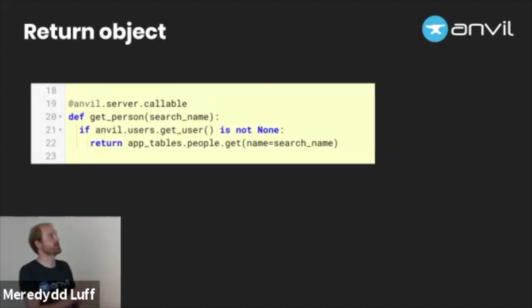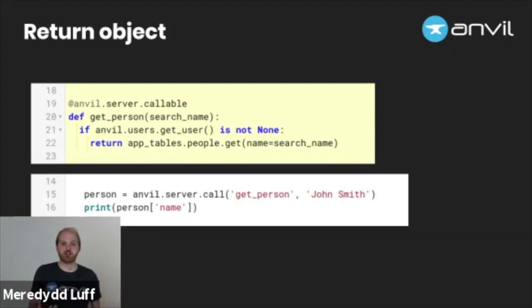So it's a server function. It takes a search name parameter, and then it checks whether a user is logged in using Anvil's built-in user authentication system, which, I told you there was a lot I was not going to get to cover. It's really cool. I'm not going to talk about it today. There's enough to cover. If somebody is logged into this application, then and only then will it return that object from the people table. And so in this very natural way, we can do the access control.